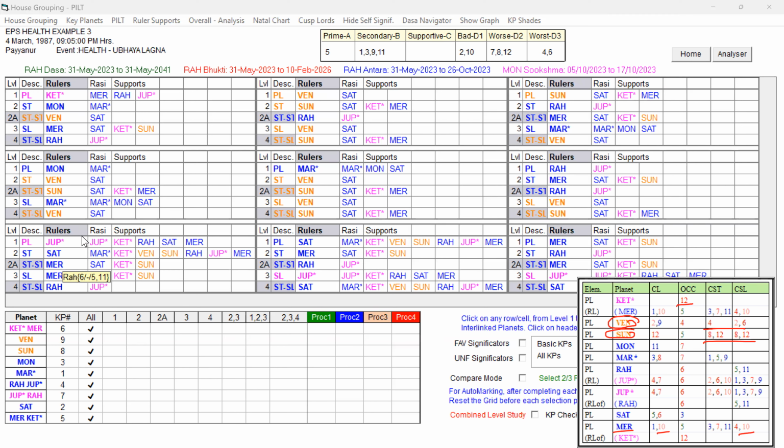You can see Jupiter in the star and sub of planets which are all blue color planets, right? So simply saying with the help of the key planets shades, we can say this has got all blue color planets. No light red. Venus or Sun are not playing a role here.